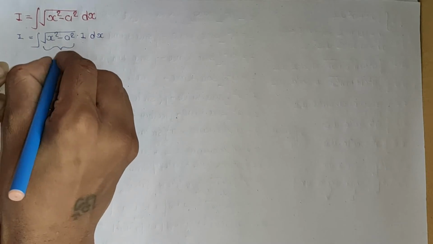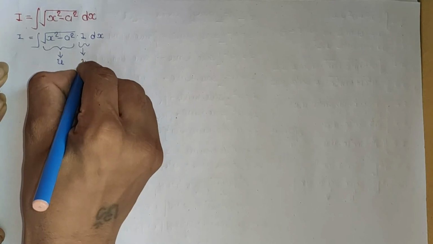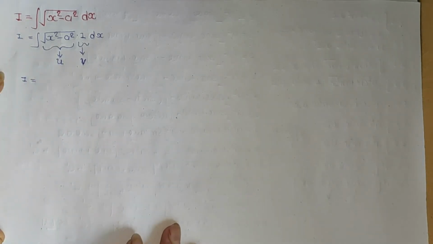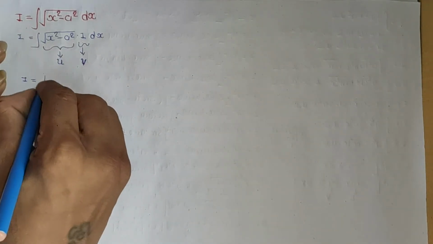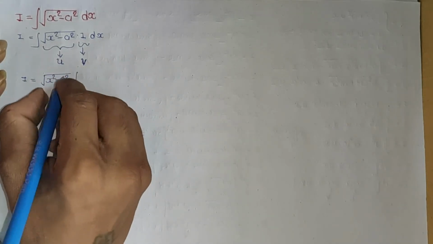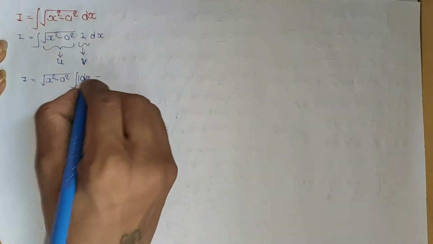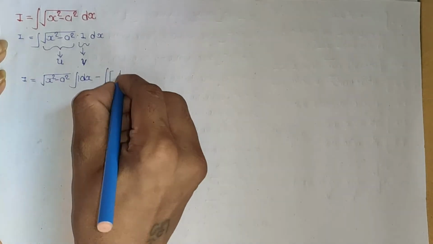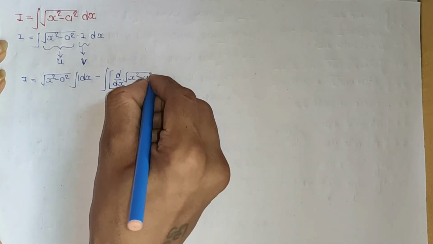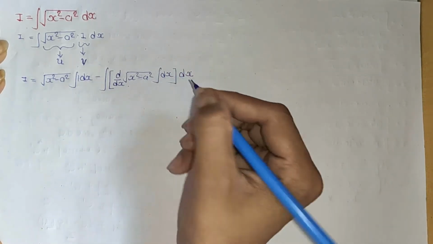This term I take as u and 1 I take as v. By integration by parts we can write I equals square root of x square minus a square integration dx, dx or 1 dx both are equal, minus integration of the bracket d by dx of square root of x square minus a square, integration dx, close the bracket, dx.